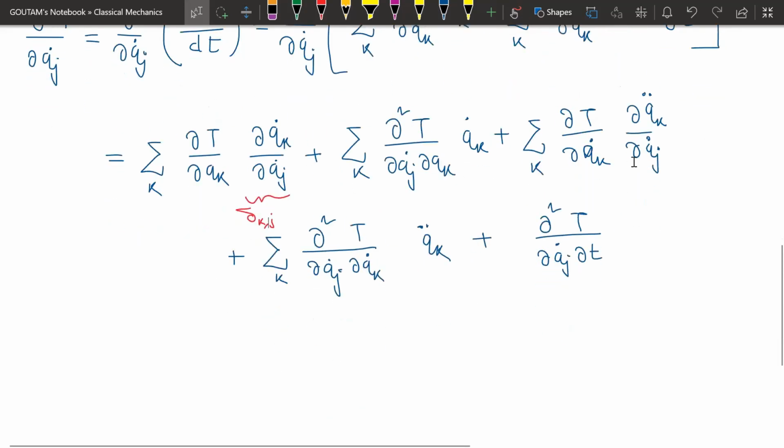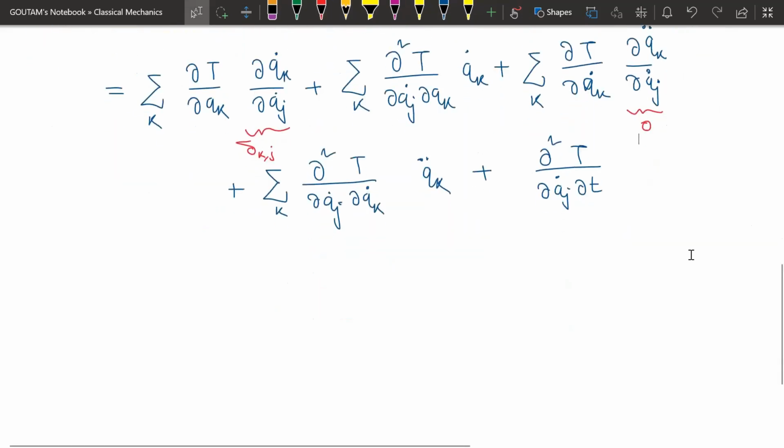So here this qk double dot, these are independent of qj dots. So in that case, it will be 0. So like q's, these are independent of q dots, and q dots, they are independent of q double dots. Okay.